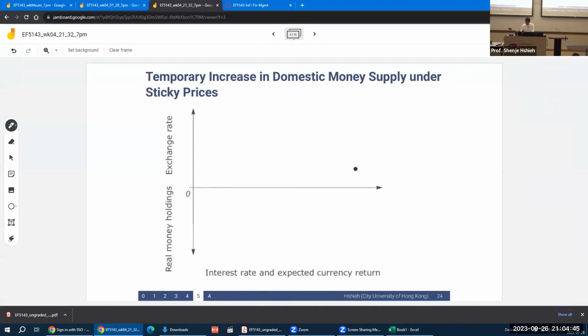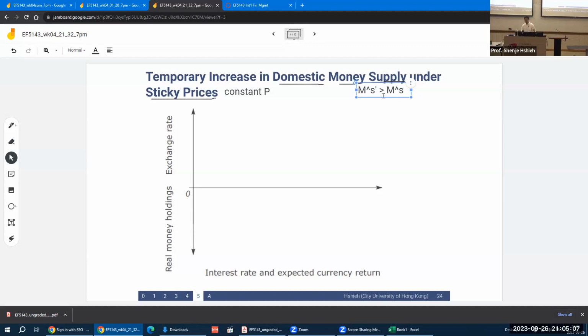So let's go ahead and analyze a temporary increase in domestic money supply under sticky prices. So sticky prices again, constant P. Domestic money supply increase means we have an MS prime greater than MS, right?